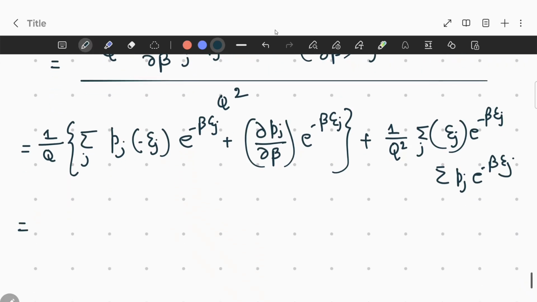Okay, so it is 1 by Q, minus Pj Ej e to the power minus beta Ej. Then this is one term and another term is P average times E average over Q square. Can you get any other term? No, I think it's correct.